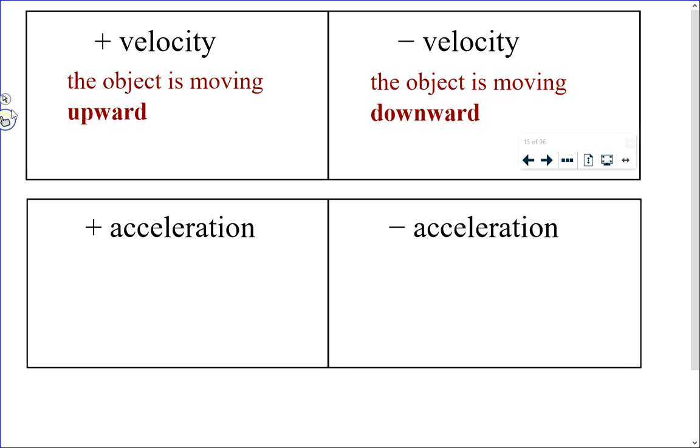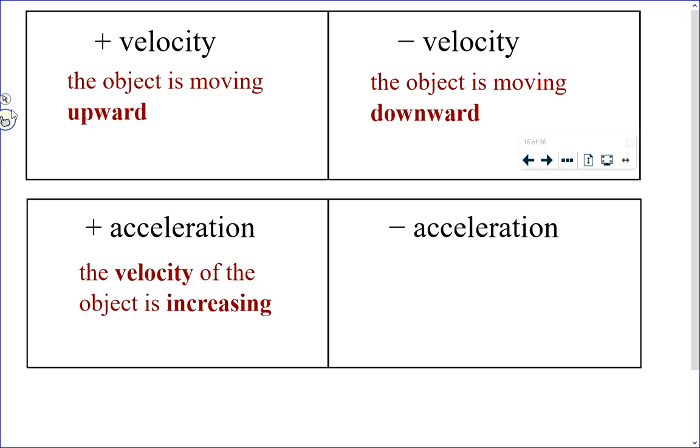Now we get to acceleration, which is tricky, because you're basically told in Science 10 that a positive acceleration means speeding up and a negative means slowing down. And we have to be more sophisticated in our understanding of things in Physics 20 and Physics 30. Positive acceleration does not necessarily mean the object is speeding up.